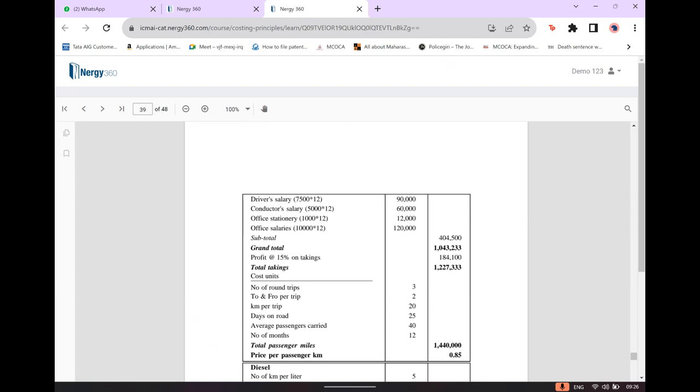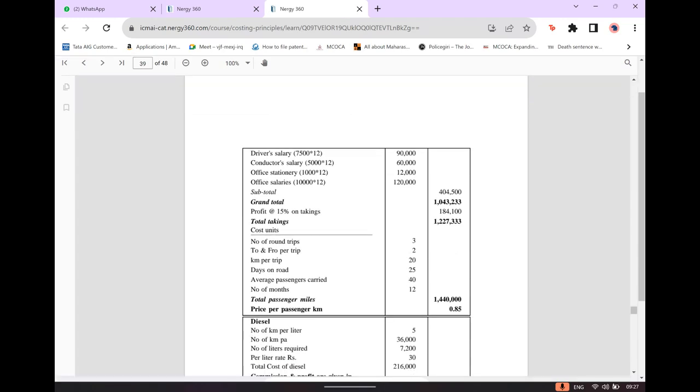So all these are fixed expenses. So you have to say profit is 15% of takings. So before that, you have to take the commission. So before commission, what is the price? We don't know. So we will assume it.